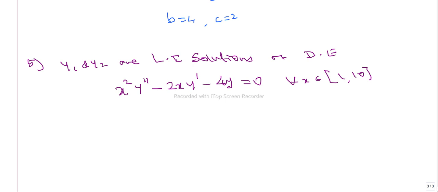We know the Wronskian of y1, y2 is y1 y2 dash minus y2 y1 dash.